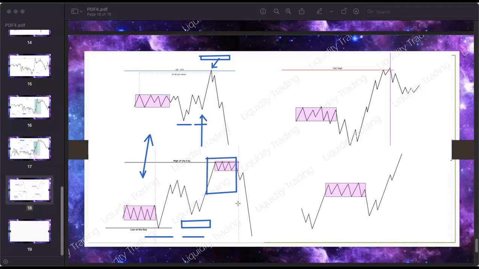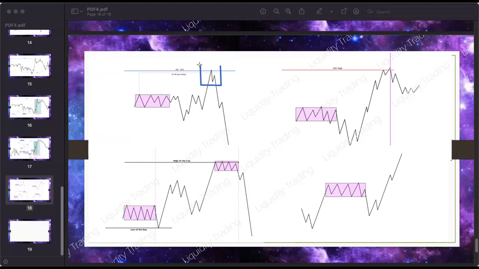In this case, it's slightly different because this move would still be within the 7 o'clock and 11 o'clock time. So in this particular example, it's different. We still got this move within the 7 o'clock and 11 o'clock time.